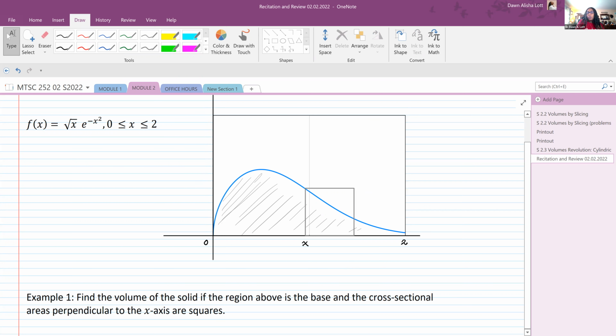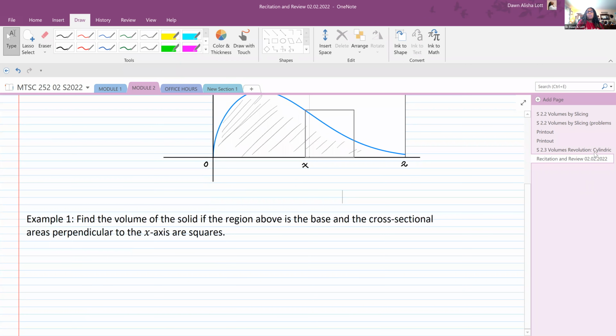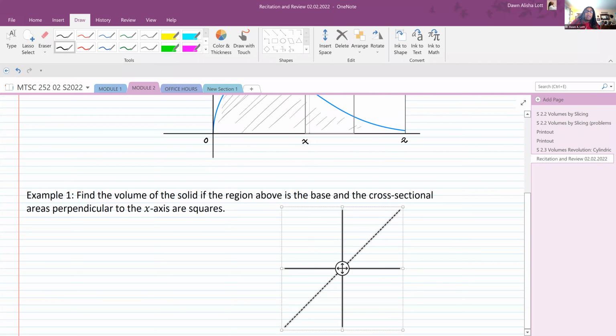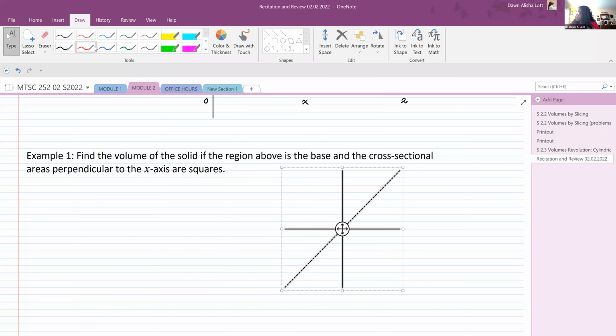So basically, what does that actually mean? It means that if I were to draw this on the XY plane, I actually have this function which looks like this, on the ground.